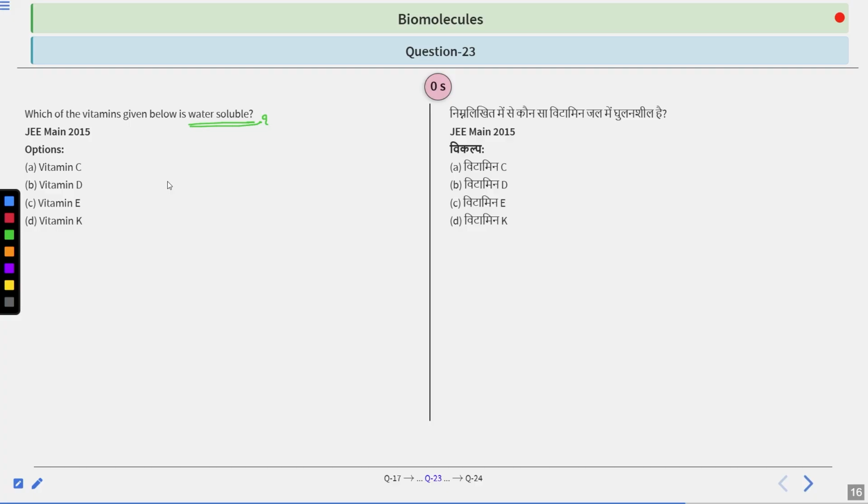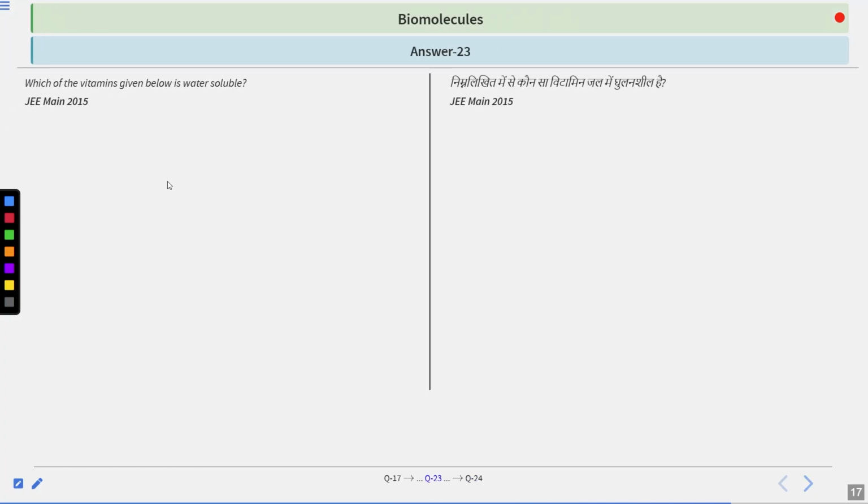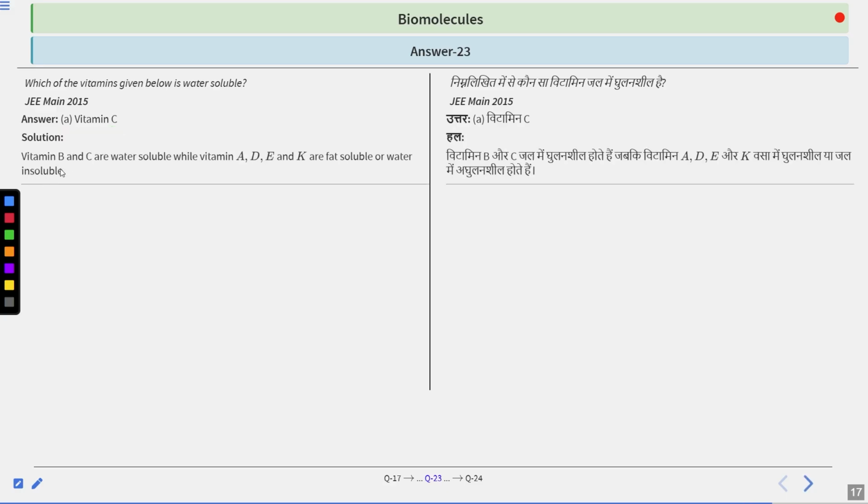Okay, let's see. The correct answer for the given question is option A, that is vitamin C. Vitamin B and vitamin C are water soluble, while vitamin A, D, E, and K are fat soluble or water insoluble. So there are two kinds of vitamins.